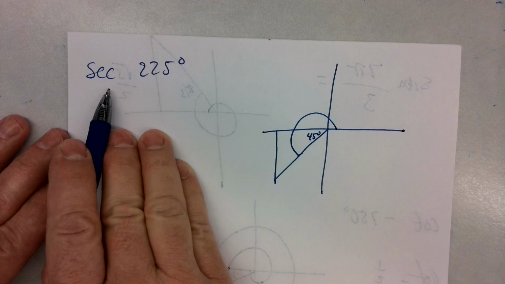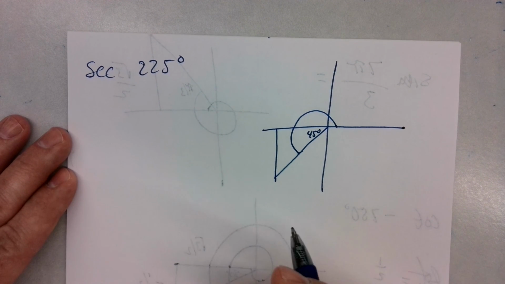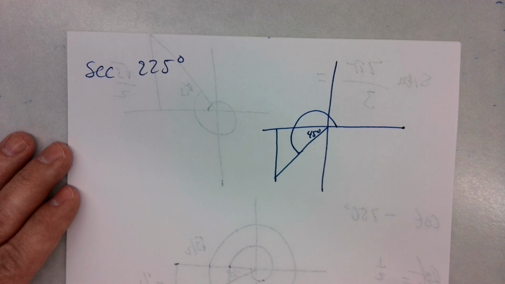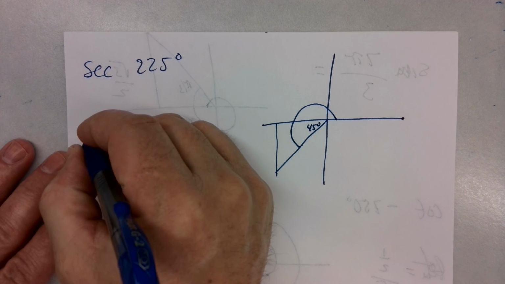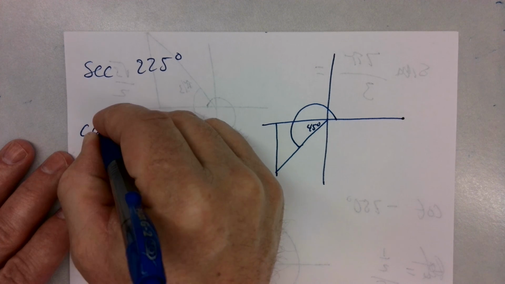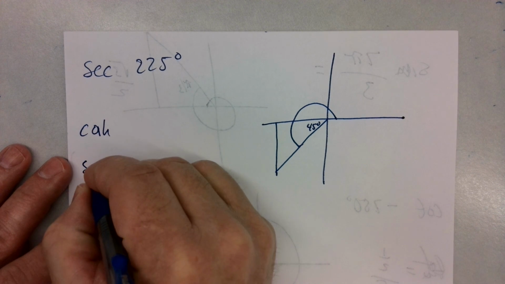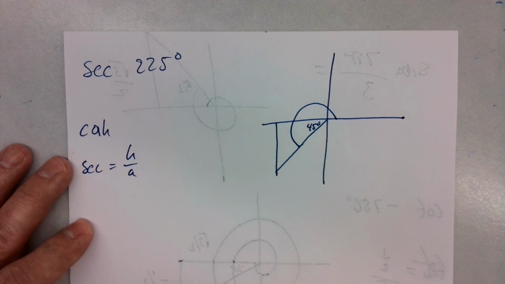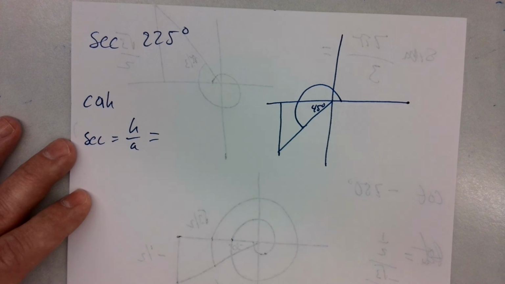So secant, I heard these two debating it, secant is the opposite of what? Cosine, right? So secant is going to be hypotenuse over adjacent, right? So what's that going to be?